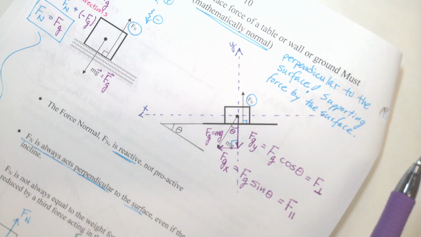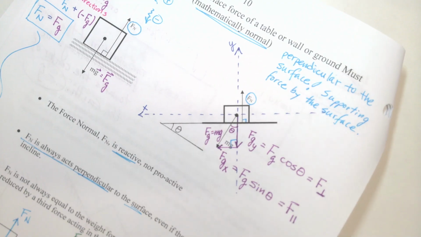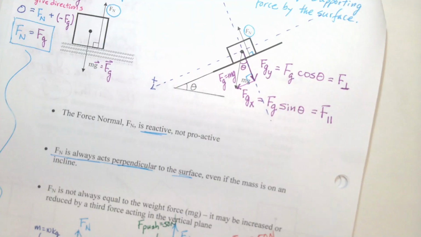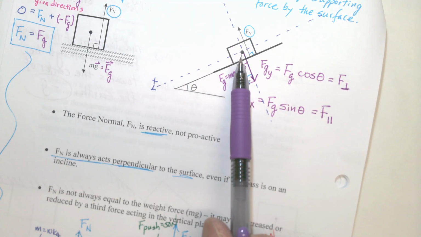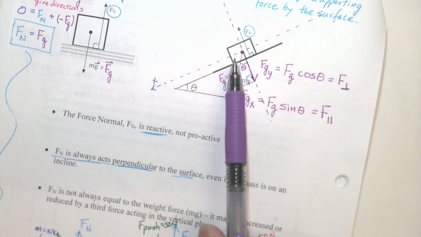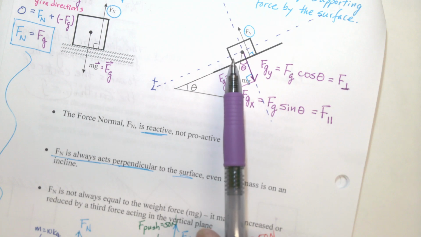Yes? The FGX is the acceleration down the slide. Well, what do you think is going to happen to FGX? What's going to happen to this object? It will slide down. How? At a constant speed? It should accelerate down.